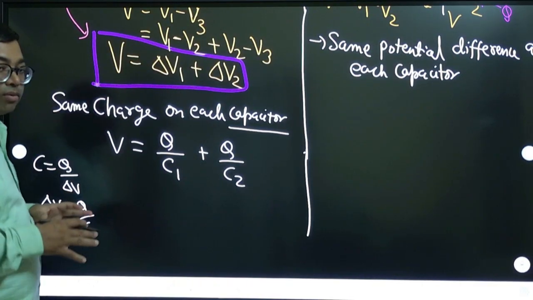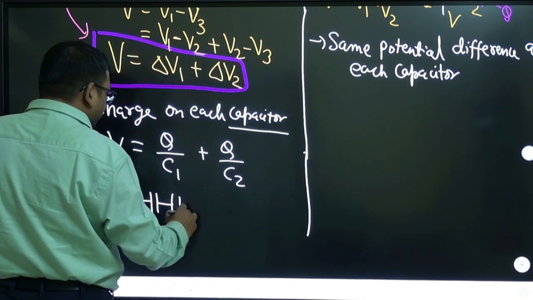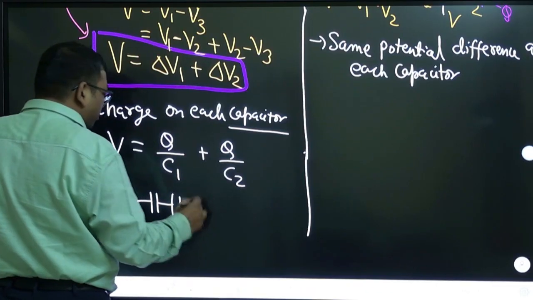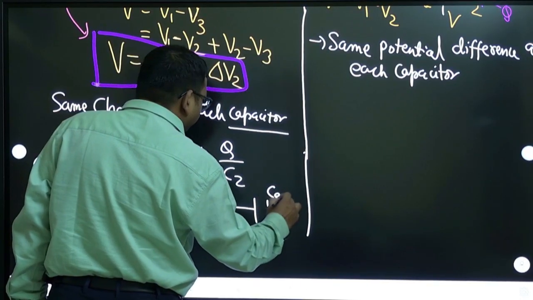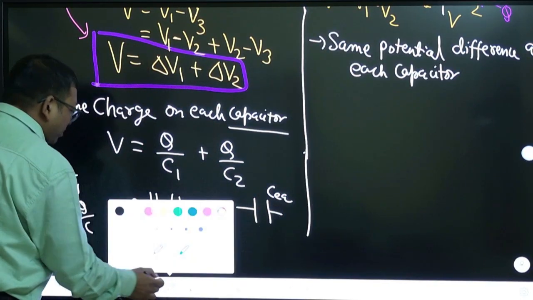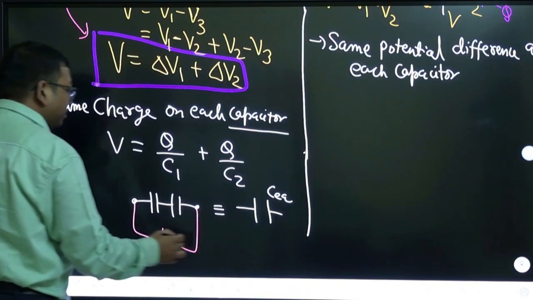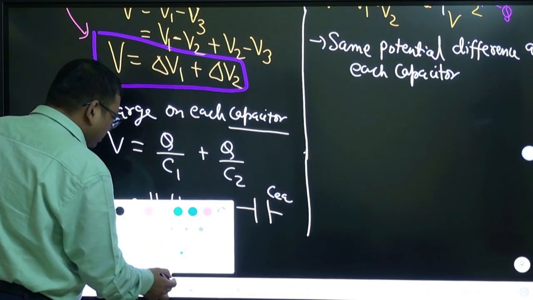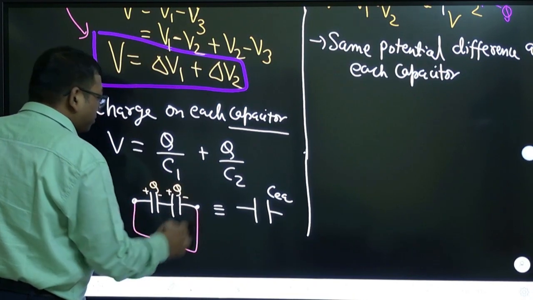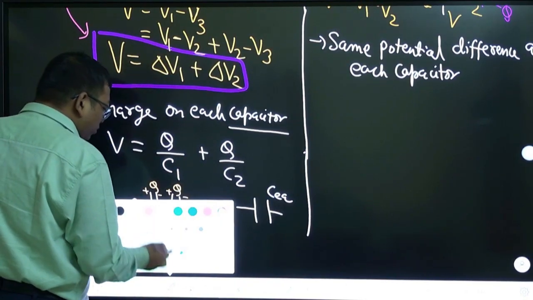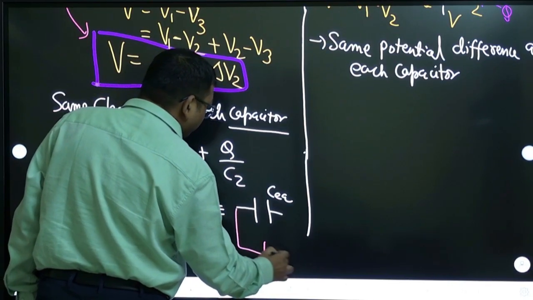Now I want to replace this series by a single capacitor, which is called C equivalent. Why do we call it C equivalent? Because if you connect a battery here, the battery has given charge Q, plus Q minus Q, here also plus Q minus Q. Now I want to replace these two with a single one, kept within the same battery.